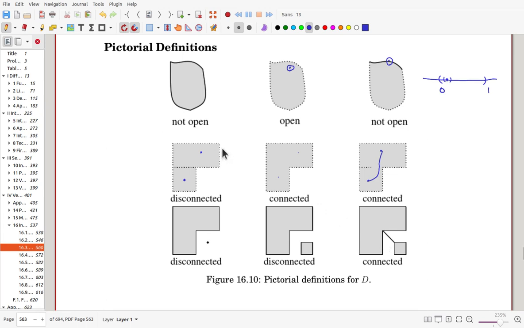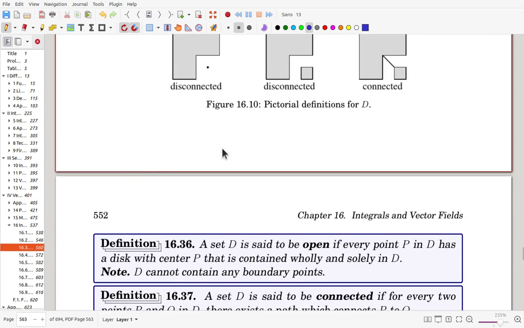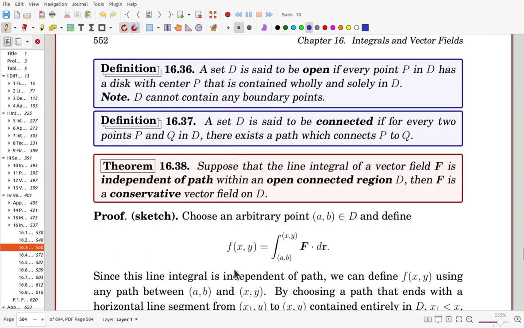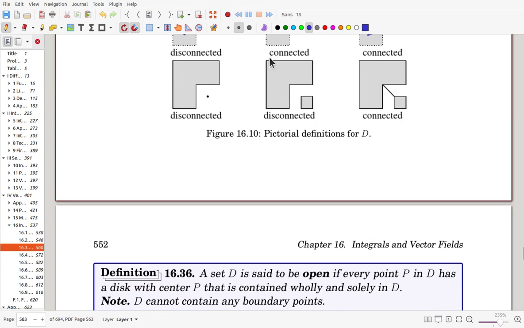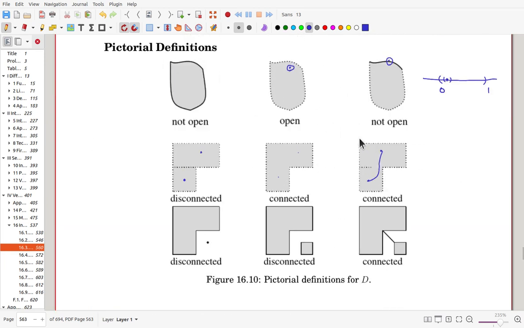These are pictorial definitions. Now the mathematical definitions. A set D is open if every point P in D has a disk with center P that is contained wholly and solely in D. This is the mathematical description of the pictorial explanation.